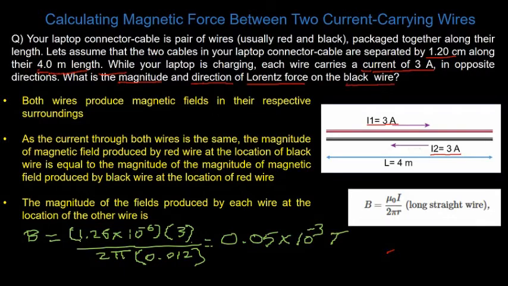First, we want to note that both wires produce magnetic fields in their respective surroundings. Because each wire is an individual wire, it will produce its own magnetic field in its surroundings.